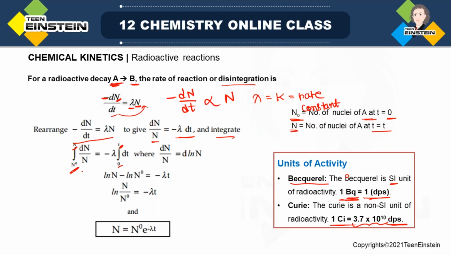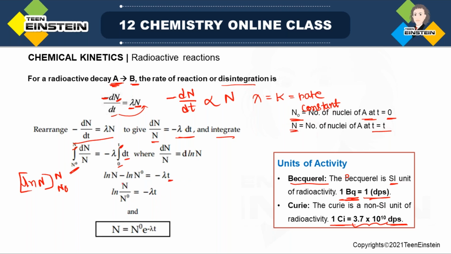So when you do the integration of dN by N, it will become ln N. Now for ln N, the limits are N naught to N. So ultimately it will be ln N minus ln N naught. And on the right hand side, it is simply the integration of dt, so it will be simply t.